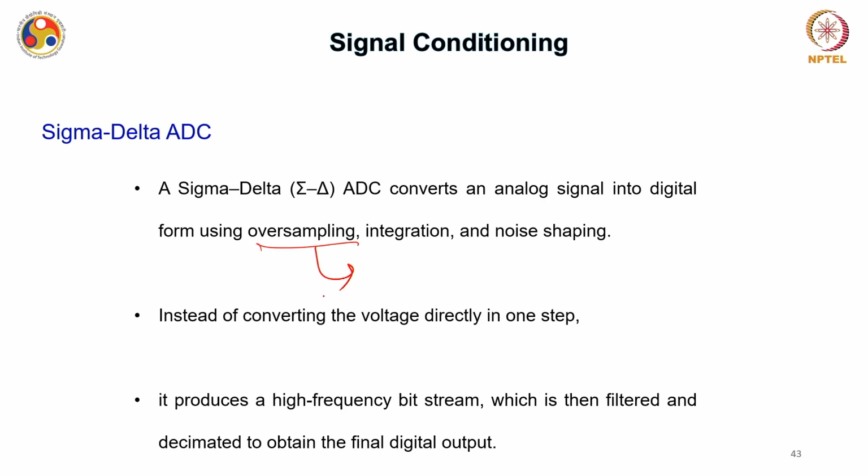It has an oversampling stage, integration, and then noise shaping. This is not a one-step conversion from input voltage directly into the output digital signal. Instead, it produces a high frequency bit stream which is then filtered and decimated to obtain the final digital output. However, further discussion of these advanced ADCs is beyond the scope of this course.